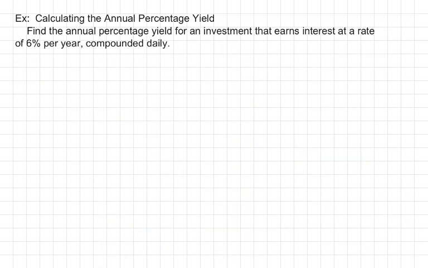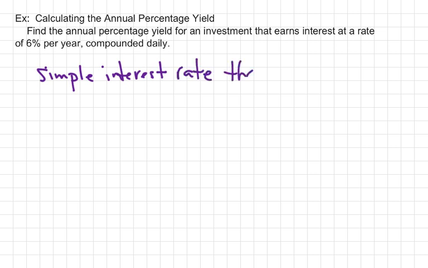The last thing that I want to talk about is something called calculating the annual percentage yield. The annual percentage yield is something called the simple interest. Simple interest, I should say it's a simple interest rate that yields the same amount at the end of 1 year.